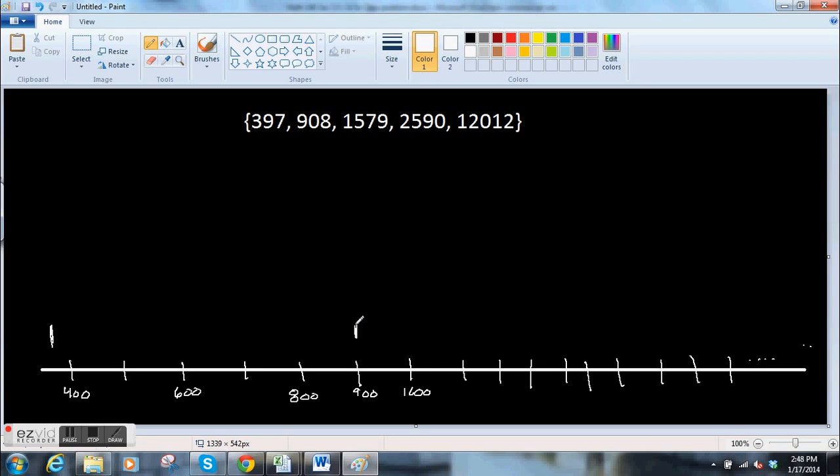Ooh, 1,500. We'll call this 2,500. Okay. Again, your box plot is likely to not be to scale also.